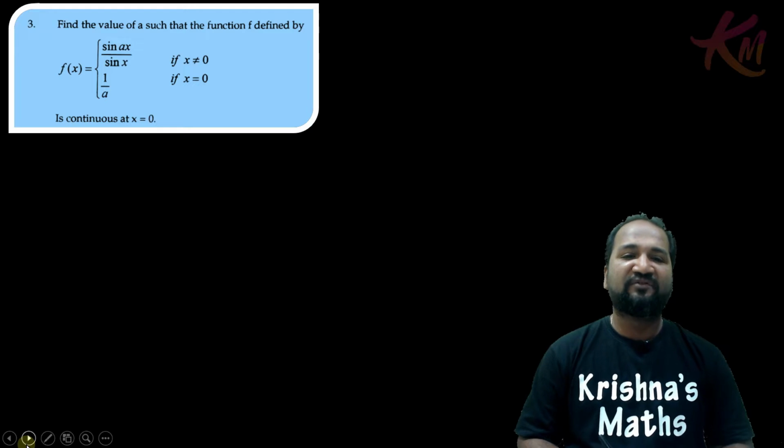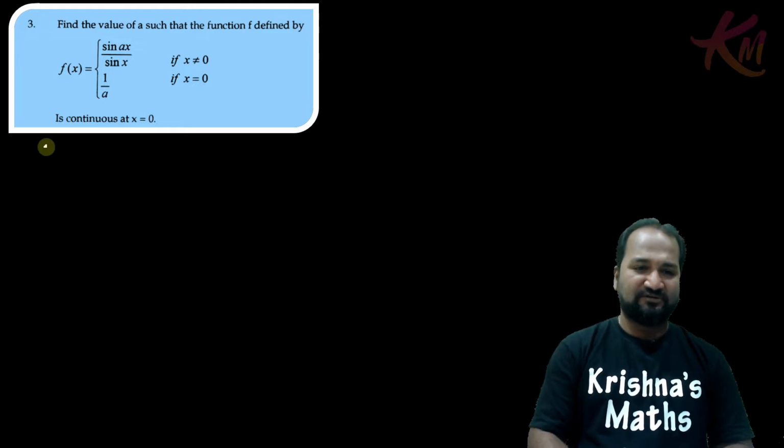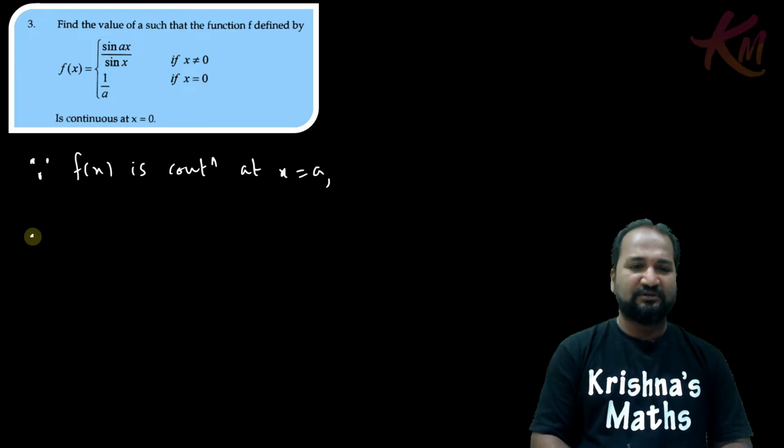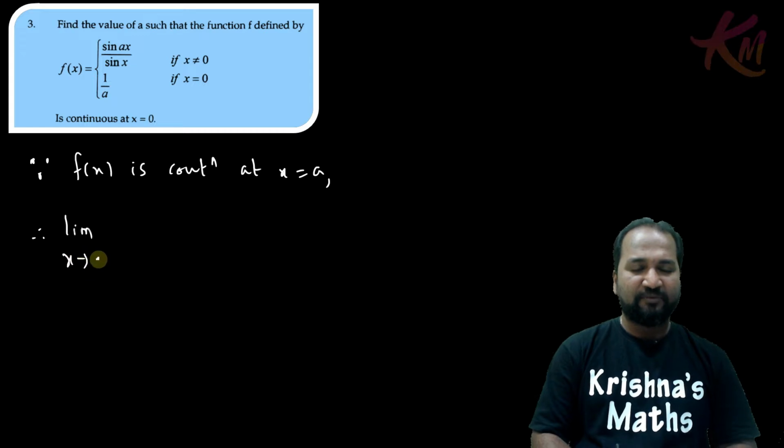Second: find the value of a for which the function is continuous. If the function is continuous, since f of x is continuous at x equal to 0, therefore limit x tends to 0 f of x is equal to f of 0.